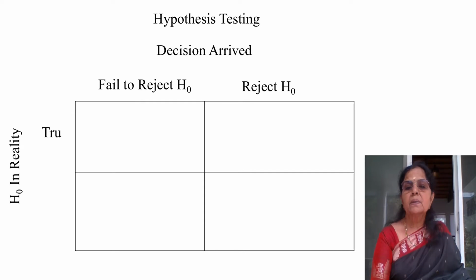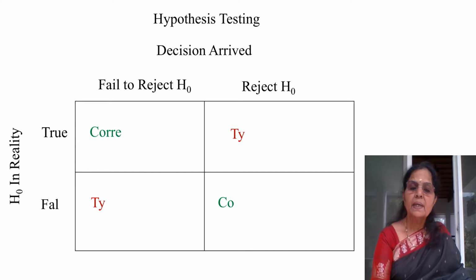In the column heading, we have in reality the null hypothesis. We may take any decision, but what is the reality? That is given in the column side. So the heading is in reality null hypothesis, and we have 2 possibilities, whether it could be true or it could be false.